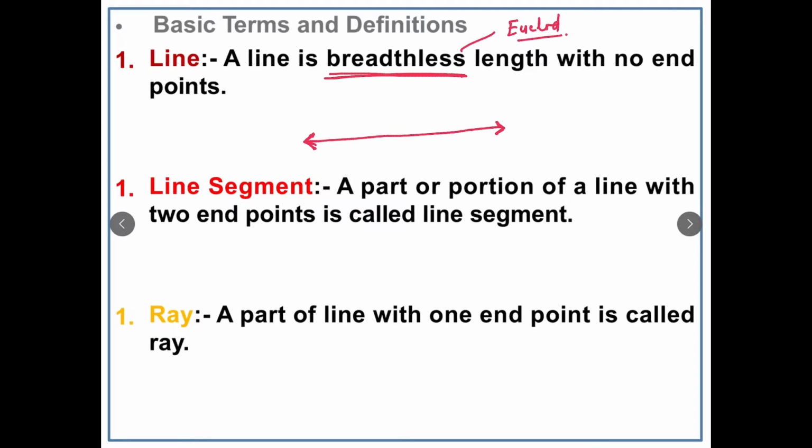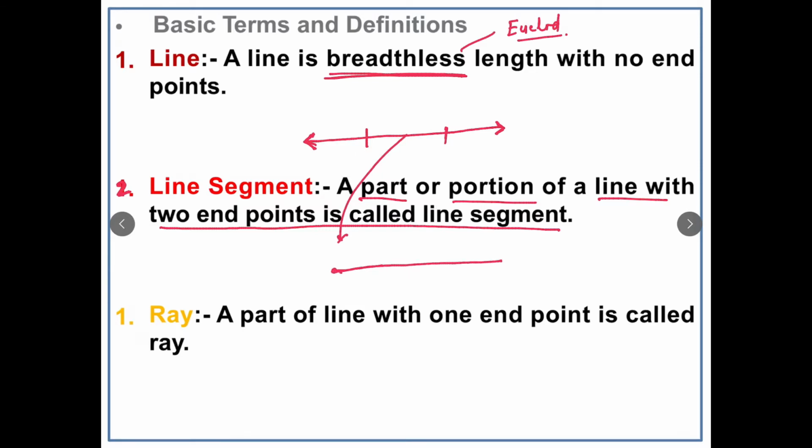Next we have the line segment. A part or portion of a line with two endpoints is called a line segment. So a line segment is simply if we take out a part of this line, say this part here.